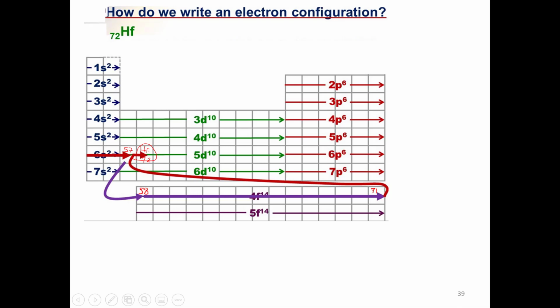Then we know until this point. Let's write here hafnium. We had 72 electrons. Let's start. The other shells are completed.